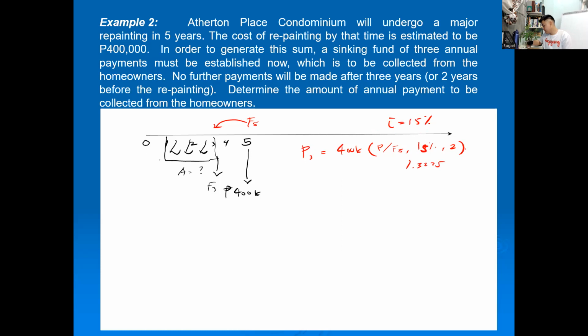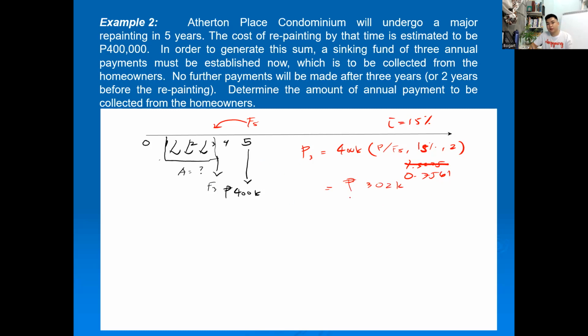Find P. 0.756. That will be 400K. So, I challenge you class na to, i-check nyo rin yung mga values na to. Kayo mag-substitute niyan. Kung ganyan ba talaga yung nalabas. Multiplied by 0.756 on the long method. Okay? Just to make sure. So, that will be equivalent to 302,000 pesos.